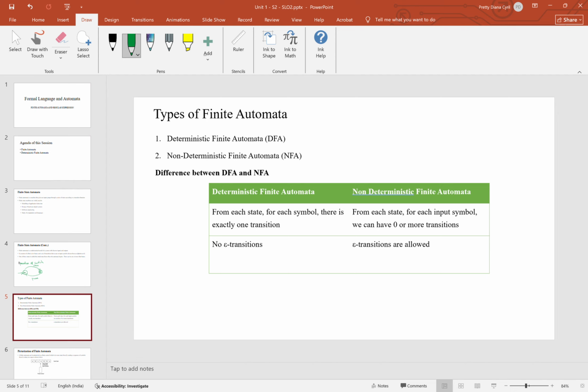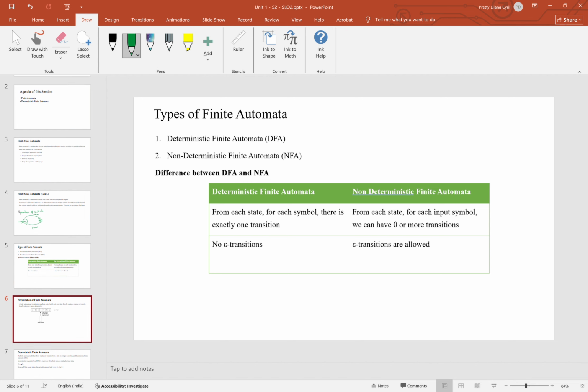But in a non-deterministic finite automata, for each state and for each input symbol, we can have zero or more transitions. And a deterministic finite automata doesn't have an epsilon transition, but a non-deterministic finite automata has an epsilon transition. So this is the difference.